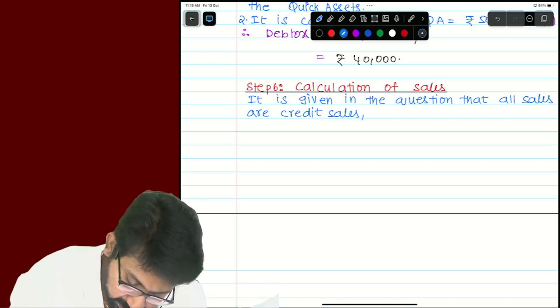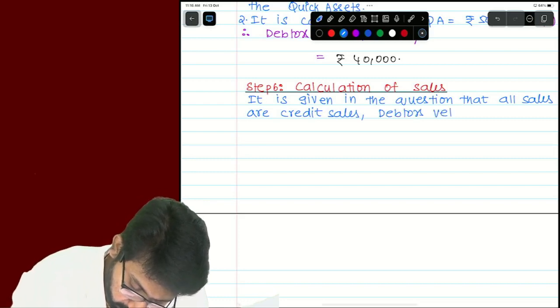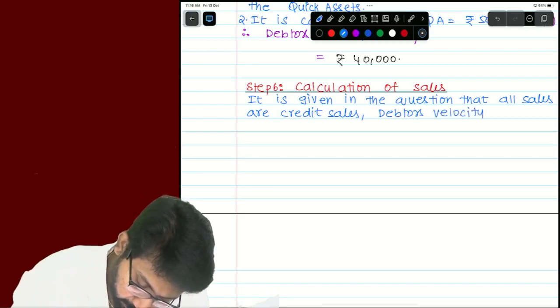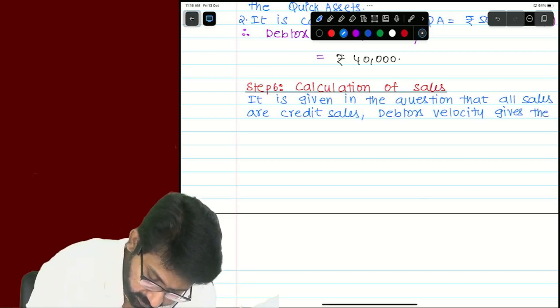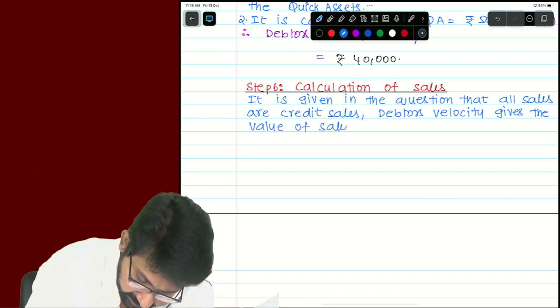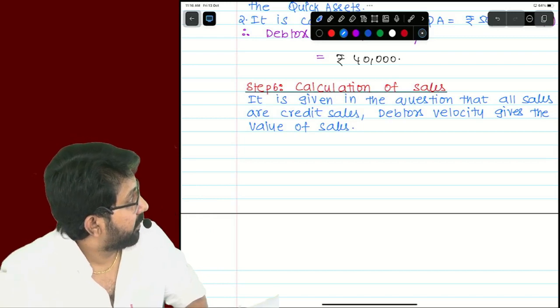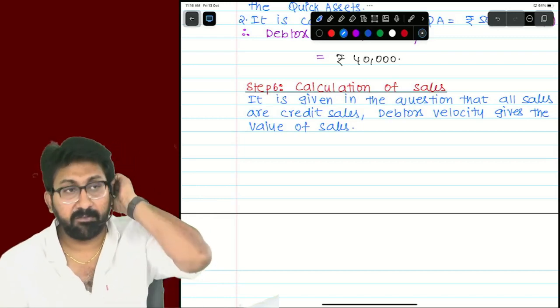Debtors velocity gives the value of sales.